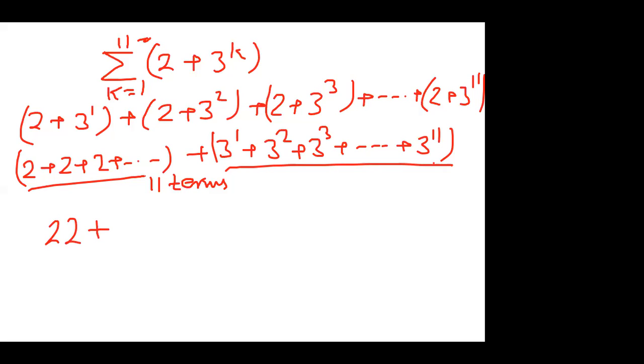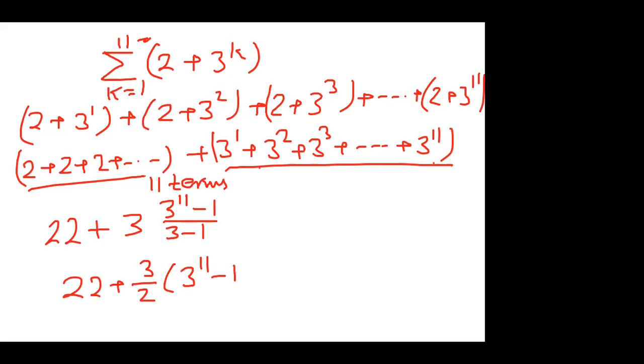First term is 3, a(r^n - 1) upon r - 1, that is 3 to the power n, where n is 11, minus 1, upon 3 minus 1. So the answer is 22 plus 3 upon 2 times (3 to the power 11 minus 1).